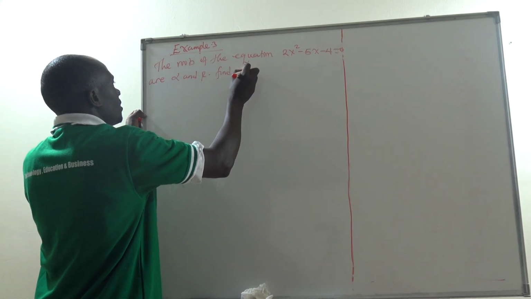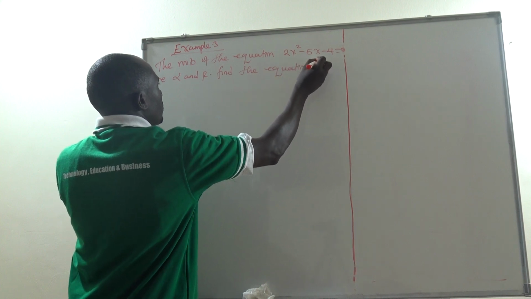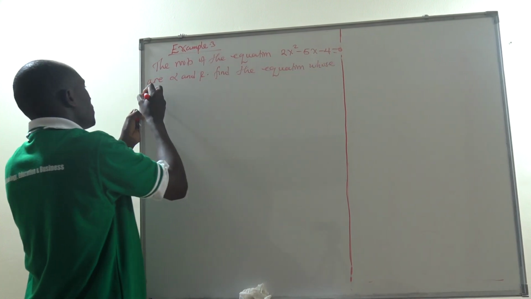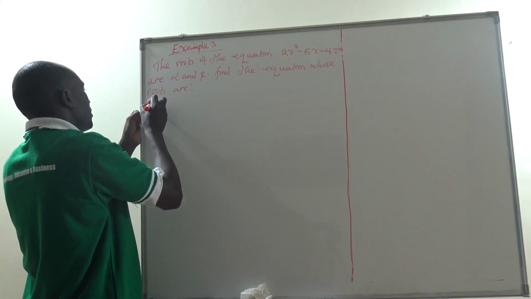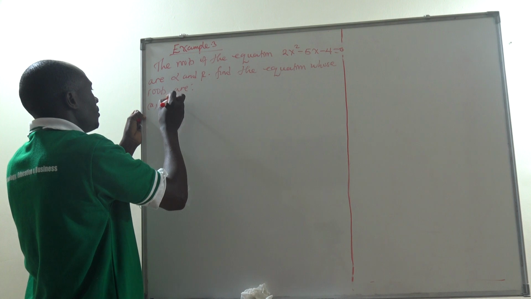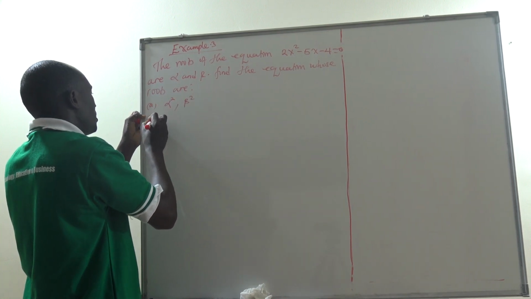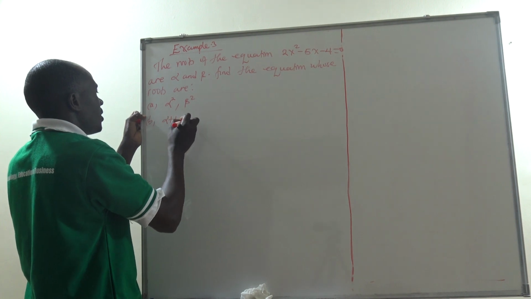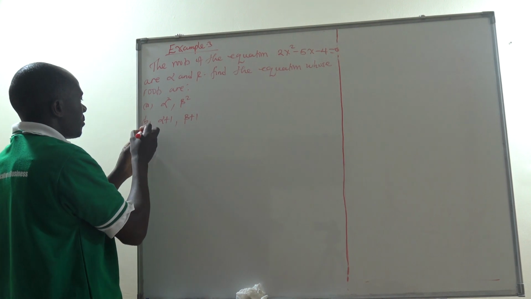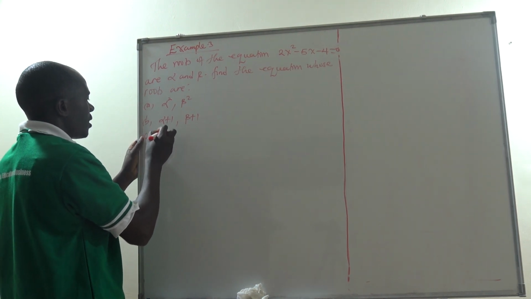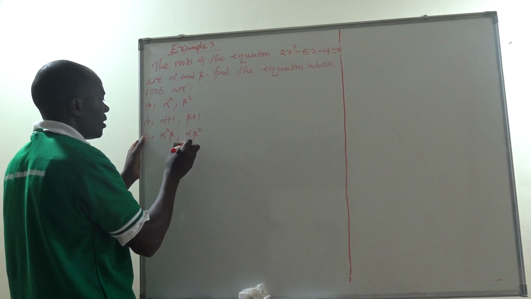Find the equation whose roots are: Part A, alpha squared, comma, beta squared. Part B, alpha plus 1, comma, beta plus 1. Part C, alpha squared beta, comma, alpha beta squared.